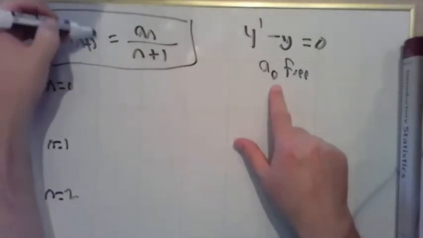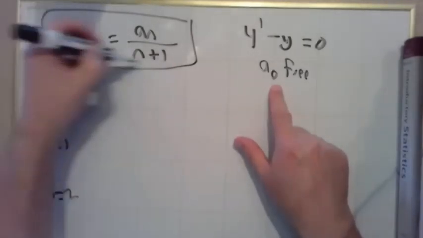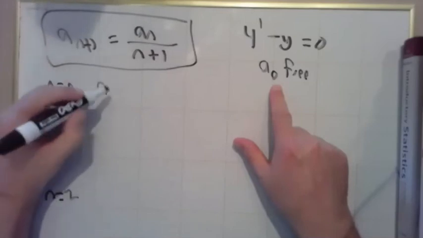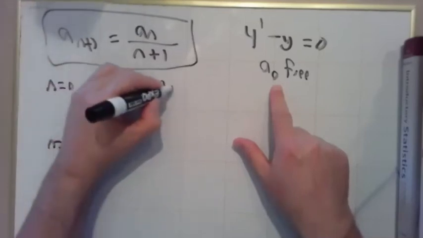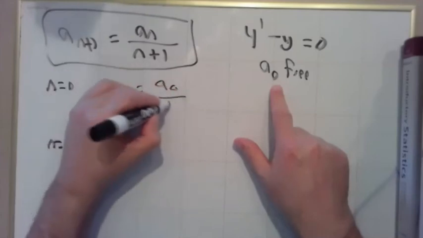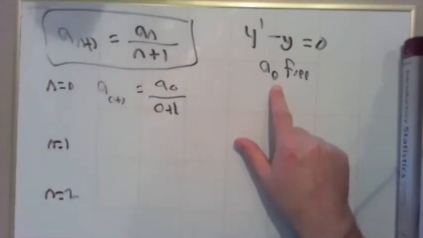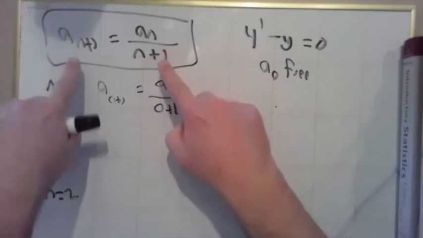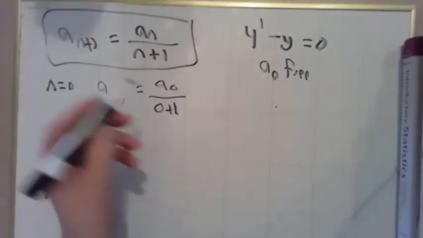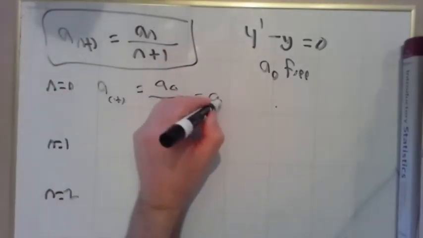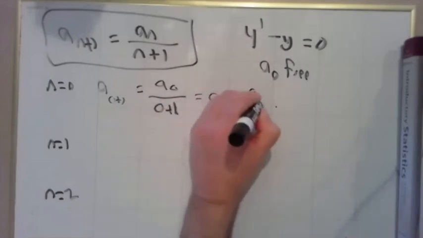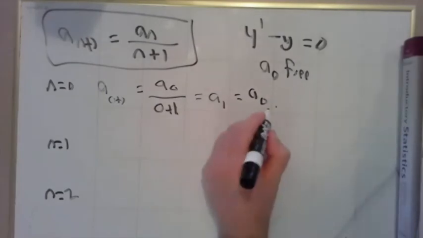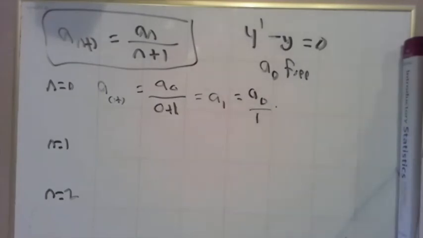When I plug in a0 here, I'll get a sub 0 plus 1 equals a0 over 0 plus 1. I just plugged in 0 for all the n's. That tells me a1, the next one, is equal to a0 divided by 1. Same thing we got if we had done it term by term.